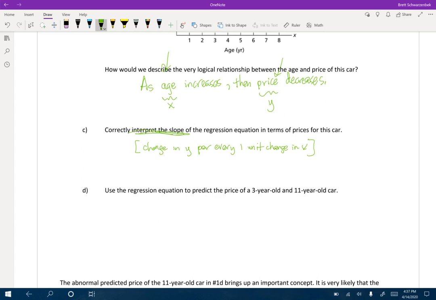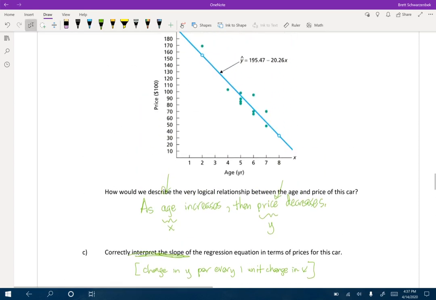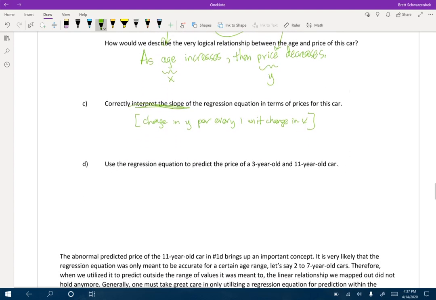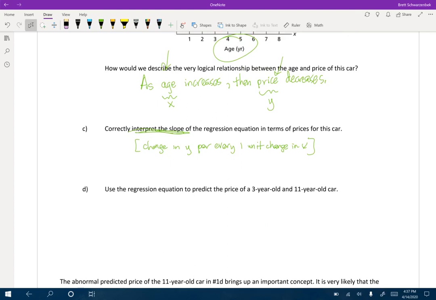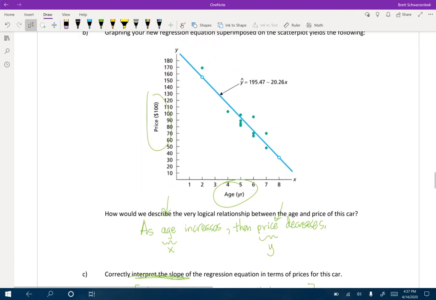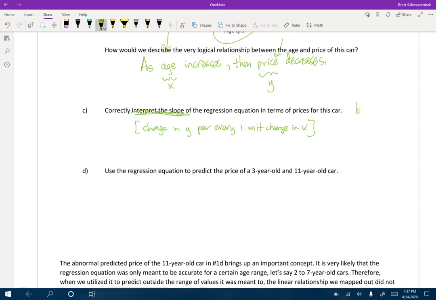Well, what is y in our problem? Price per 100. What is age? It's year. So how do we write that? If we look at our formula right here, this is our slope. Our slope is negative 20.26, right? So this implies, because it's negative, that we are losing money. So a car loses, so again, change in y would be loses 20.26.